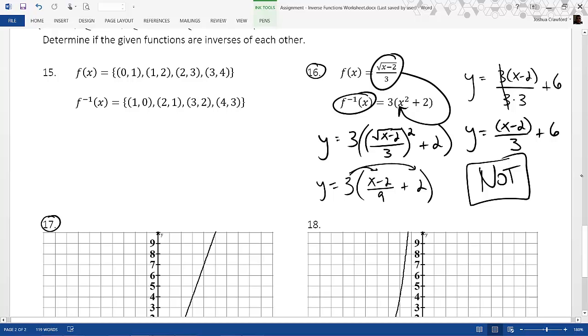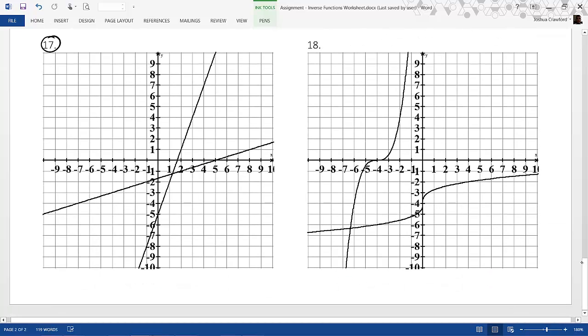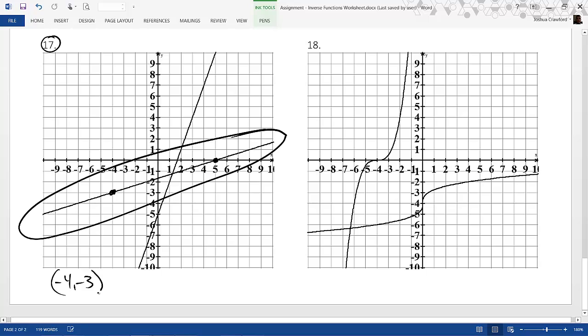Okay, number 17. Check if these graphs are inverses of each other. Let's take this line here and find 2 points. That point and this point. That's going to be -4, -3 and 5, 0. Switch this around.